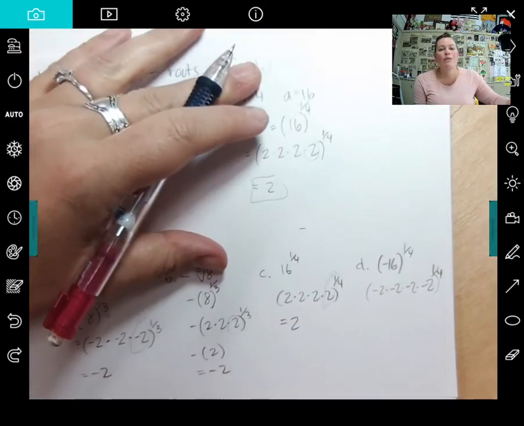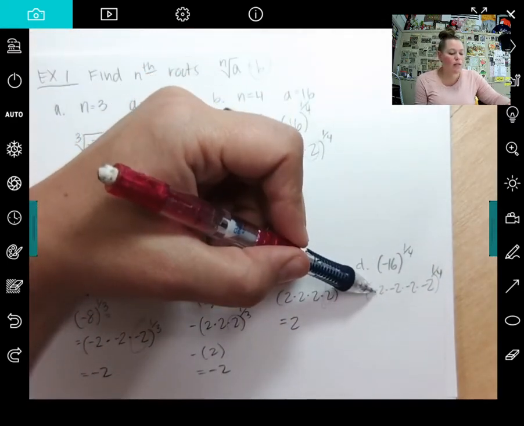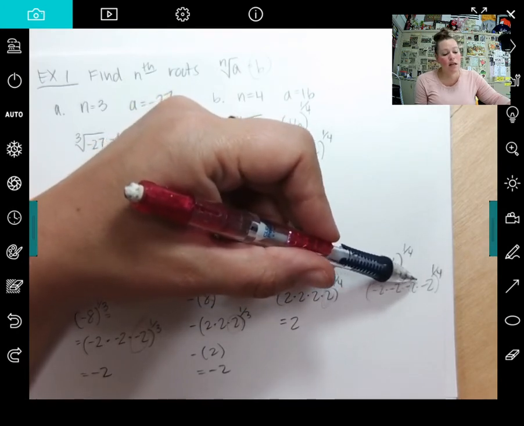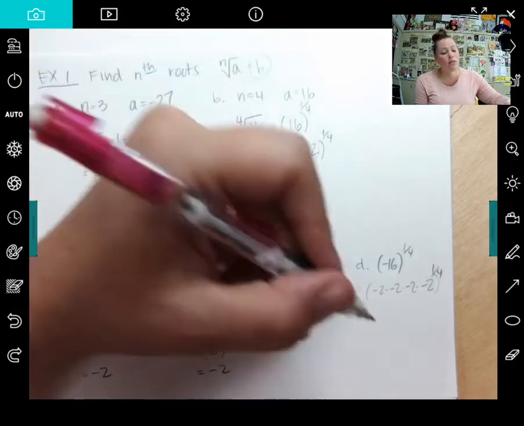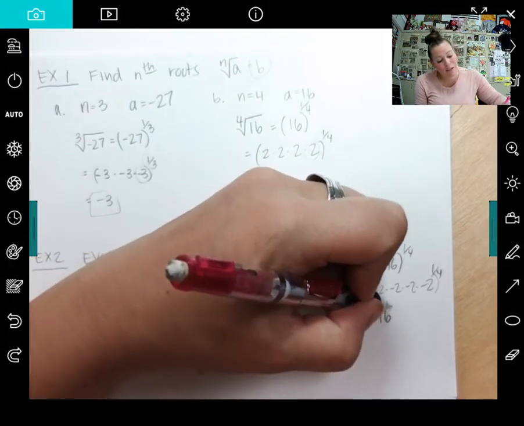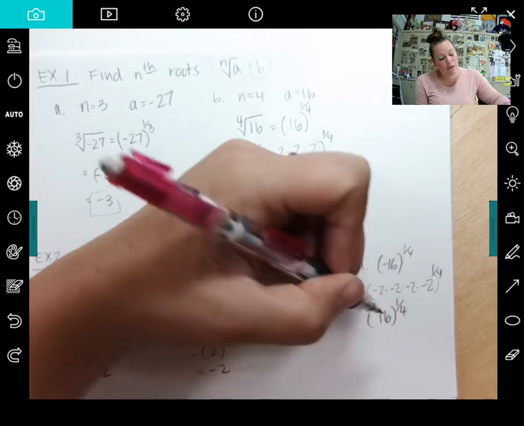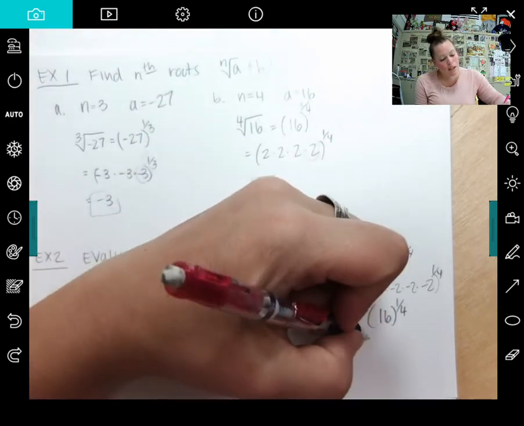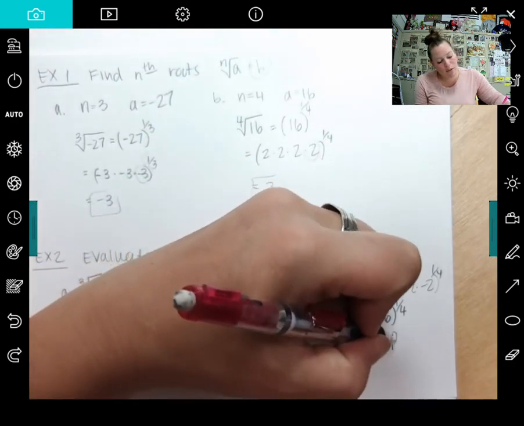But what happens when you multiply out all these negatives? The negative and the negative cancel, and then the negative and the negative will cancel. So we end up with +16 to the 1/4, which is not what we started with. So this one's not possible.